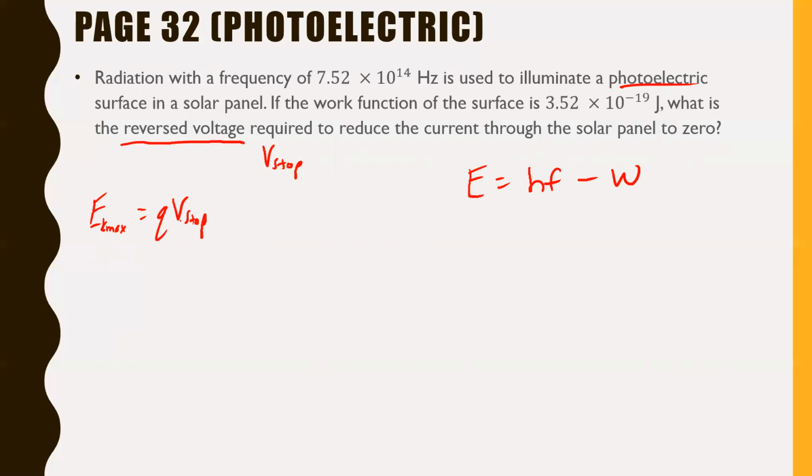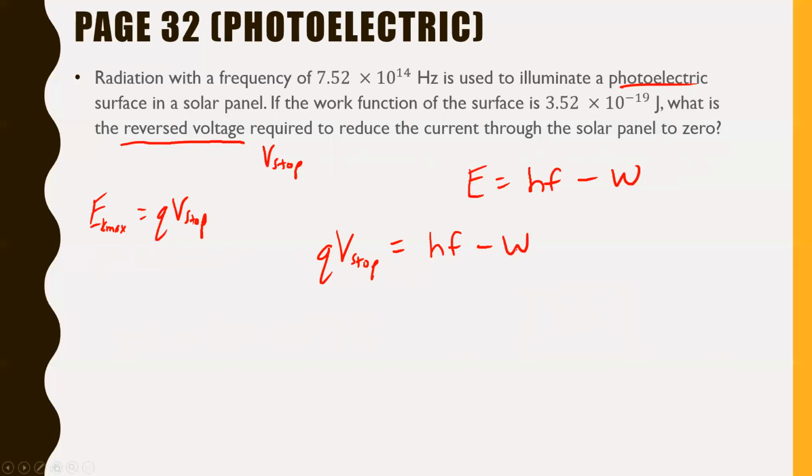In order to counteract that, we have to have a stopping voltage that makes the kinetic energy go in the other direction. Now, yes, energy is a scalar. Usually it doesn't have a direction, but if we overcome an energy one way with energy another way, it still is going to be able to cancel it out. What I'm getting at here is your energy in both of these equations are going to be the same. And since they're the same energy, we can say, as a longer formula, QV stop equals HF minus W.